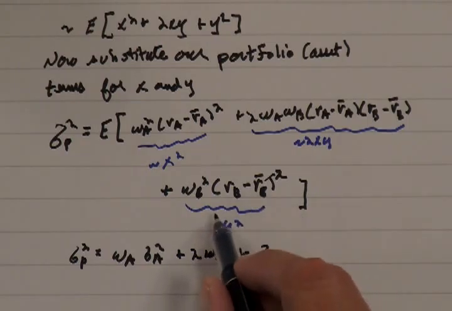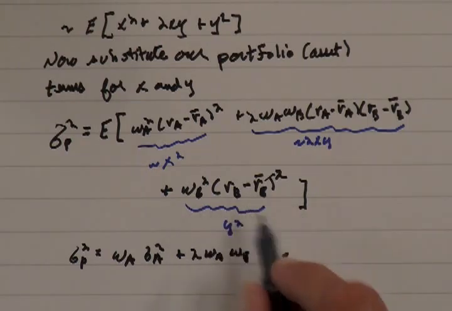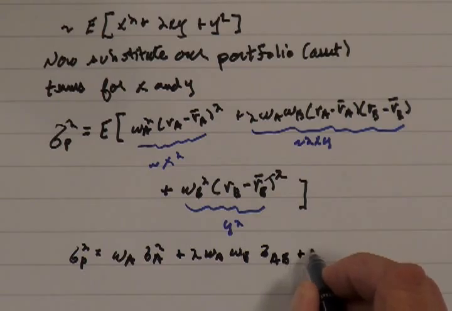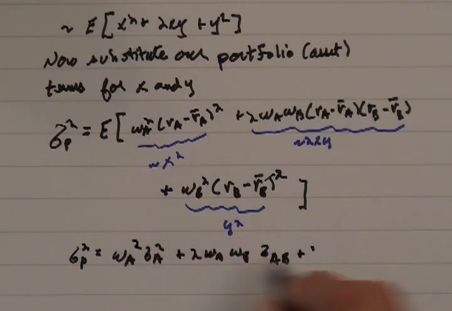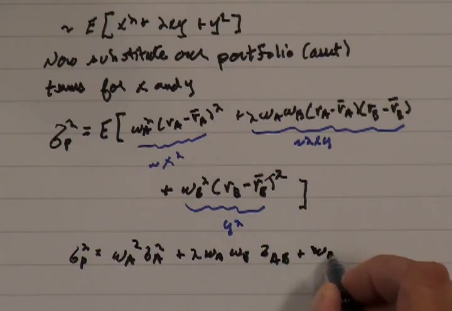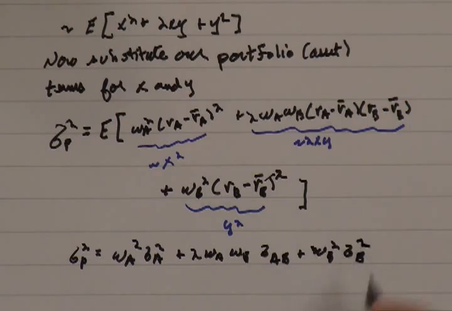And likewise, the expected value of the last term is plus WB squared sigma B squared. We stated this equation for the portfolio variance for two assets, but now we've derived it.